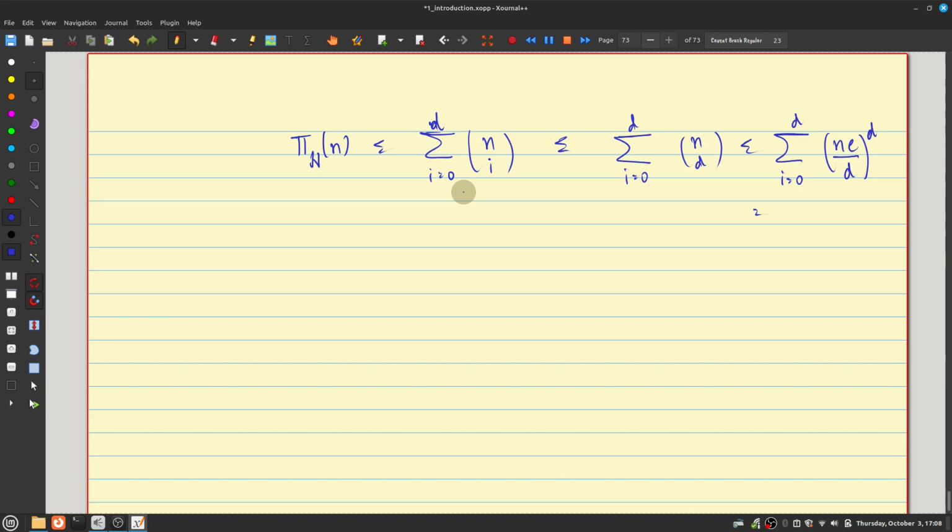It increases up to roughly n by 2 and then keeps decreasing, right? So that's all that I've used. If n is greater than 2d, then this statement holds, and this is just d times n e by d whole raised to the d. So in the regime where d is some constant and n is really large, this quantity just grows polynomially in n.